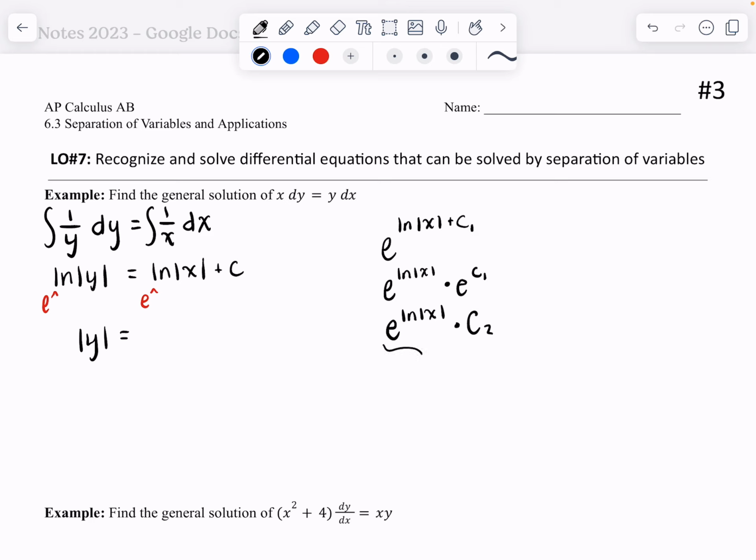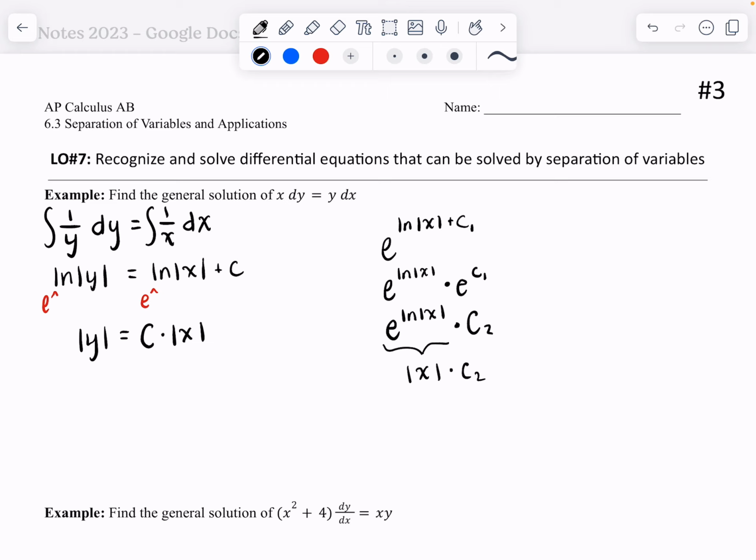So now this part here just becomes absolute value of x, and then we are multiplying by some other constant, C2. And it's totally fine to just keep calling it c, where c is some arbitrary constant, but if you like to differentiate, you certainly can. So what we're getting is that this right-hand side is c times the absolute value of x.